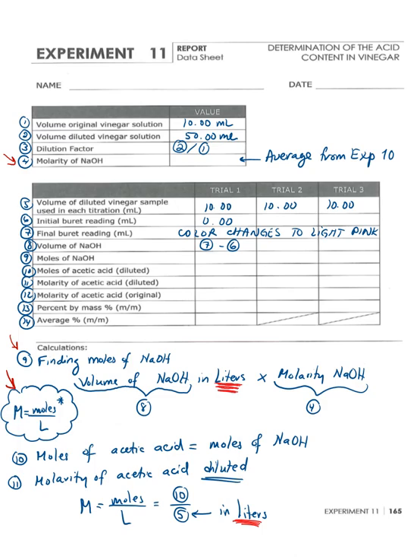So molarity is moles per liter, so your number of moles is given by the volume in liters times the molarity. So molarity times your volume in liters is going to tell you how many moles of sodium hydroxide you're using from the burette.